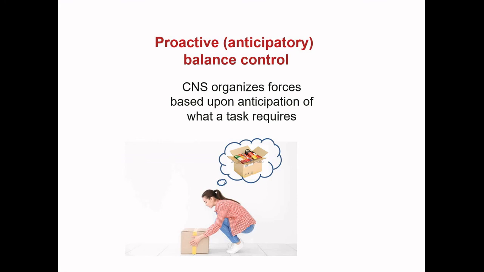We can see that they believe that the box is full of books. Based upon this expectation, the central nervous system will organize an action that is adapted to the task of lifting a heavy box. The central nervous system will also organize a response to the anticipated perturbation of lifting and holding this box upon standing balance.